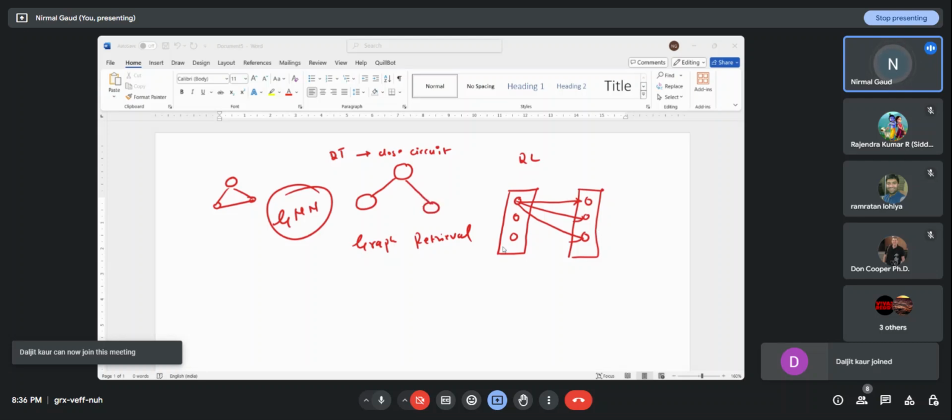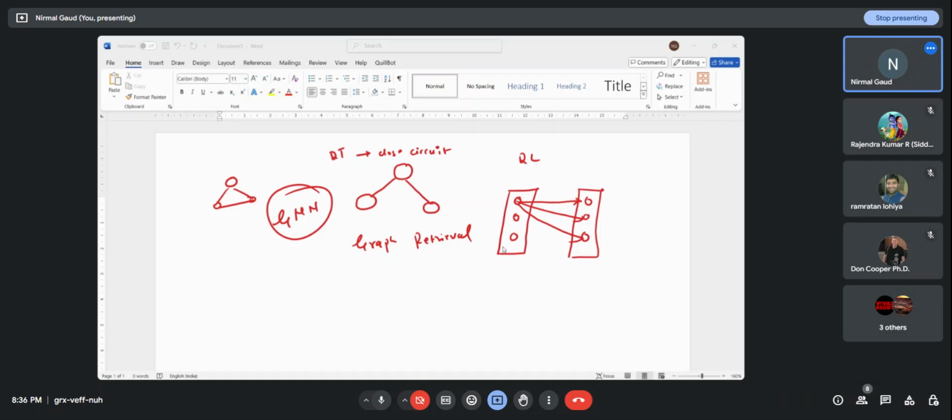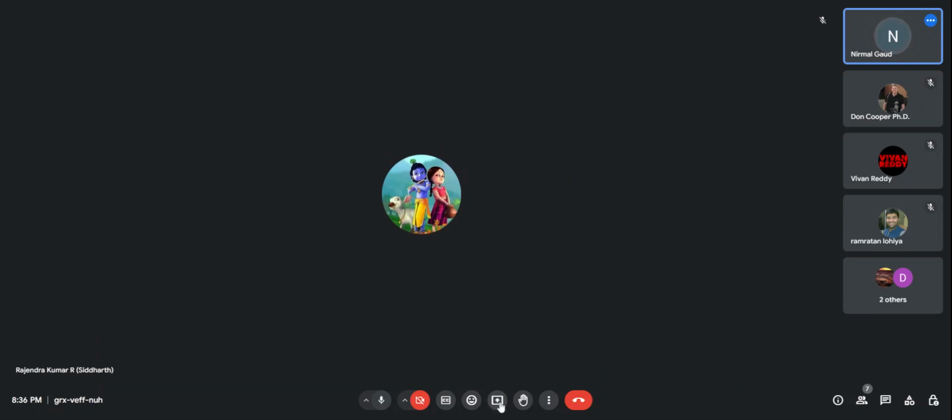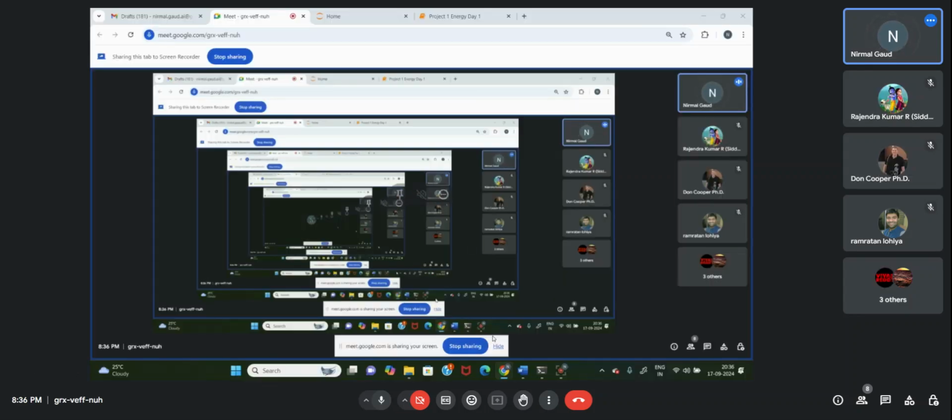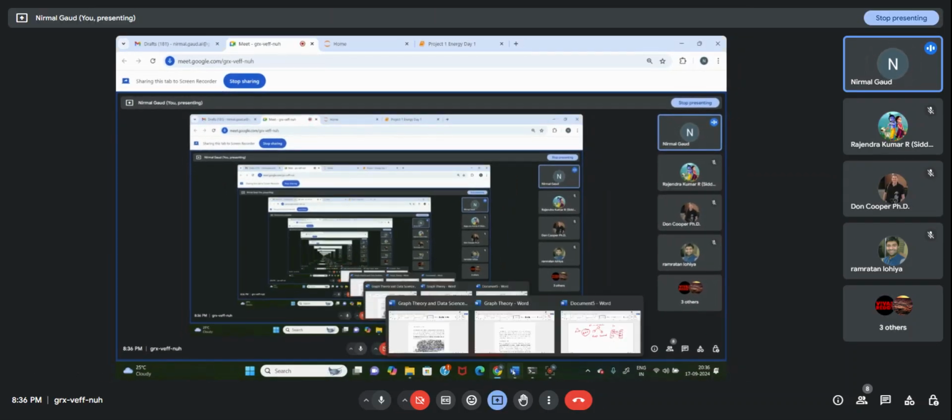If I need to show a relationship, or show how data flows in a network, graph helps us in many ways. Now let me share my entire screen and talk about the history of the graph, how it came, and the terms associated with the graph.